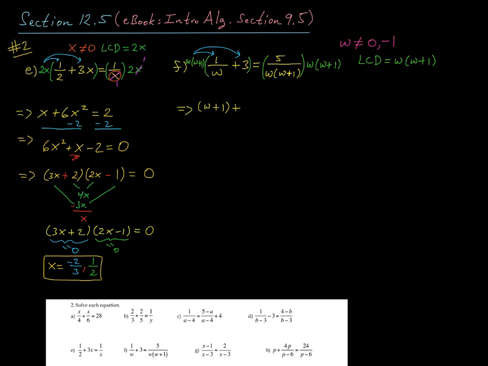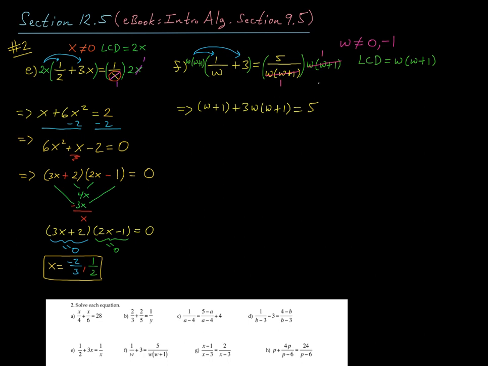And then we're going to add to that W times W plus 1 times 3, and that would just be 3W times W plus 1. Now on the right hand side, notice the W times W plus 1 shows up there and there, so these are actually nicely going to all divide out, and I'm left with just a 5 on the right hand side.